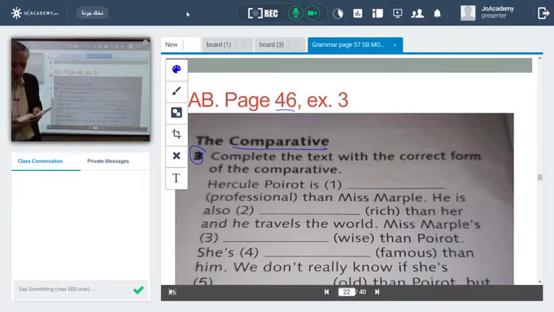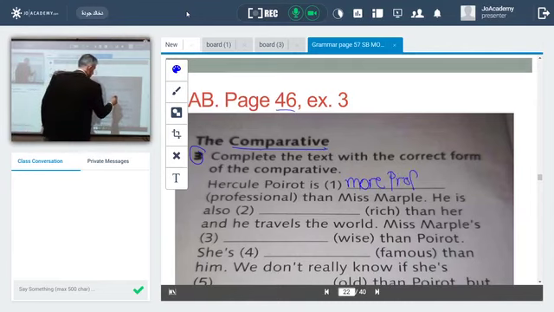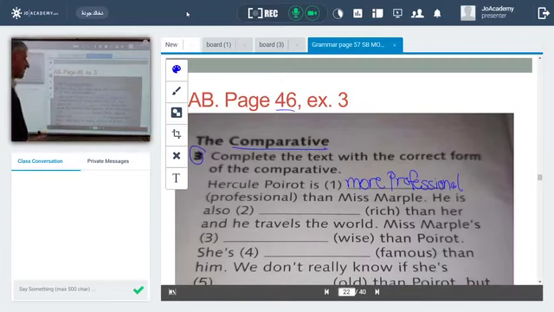Hercule Poirot is blank than Miss Marple. Here we'll use more professional. More professional than Miss Marple.